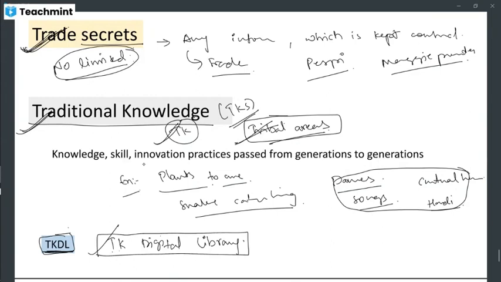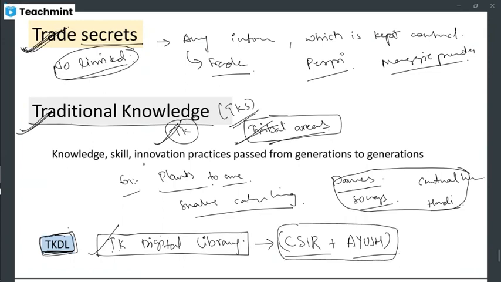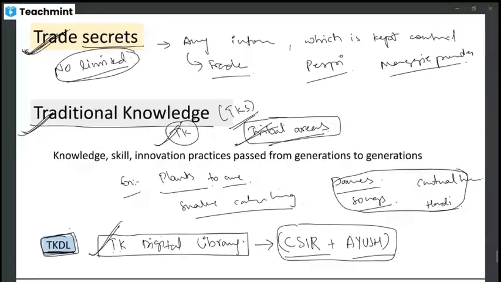It is maintained by two organizations, CSIR and then Ayush. So the Traditional Knowledge Digital Library is under the control of your CSIR and Ayush. Please do remember the full form of this, which is under the control of CSIR along with Ayush. Okay.